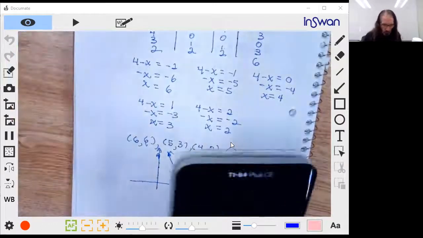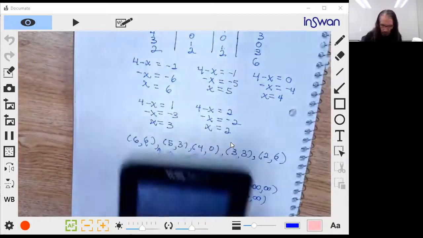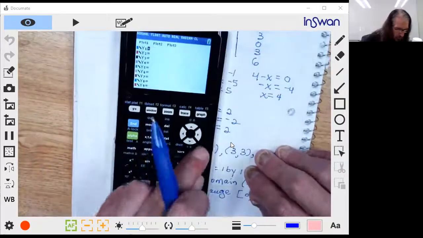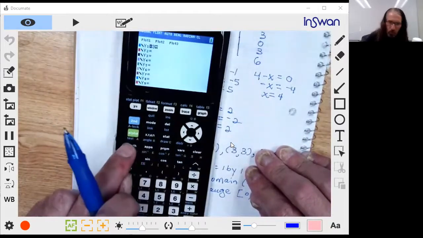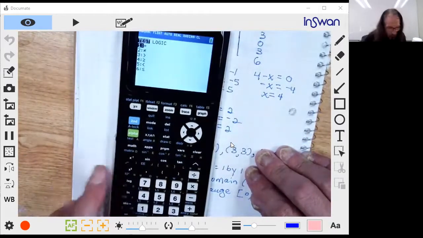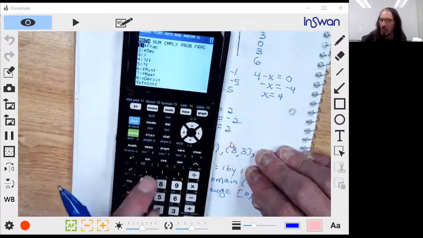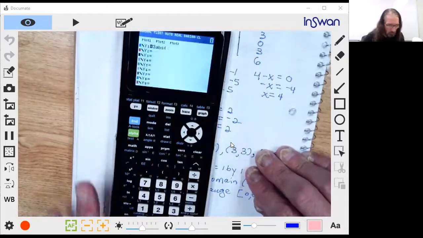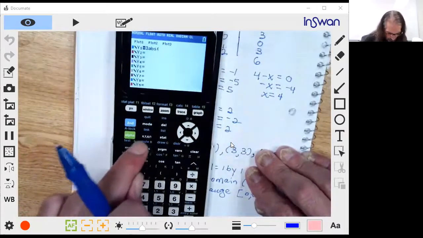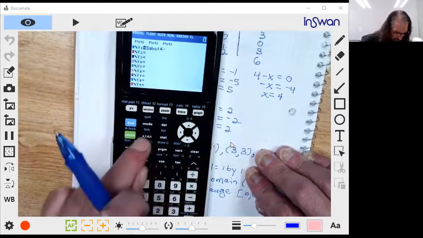Real quick check on the calculator. 3 times the absolute value of 4 minus x. We can get absolute value by pressing the math key and going to the second submenu. Put in that 4 minus x.